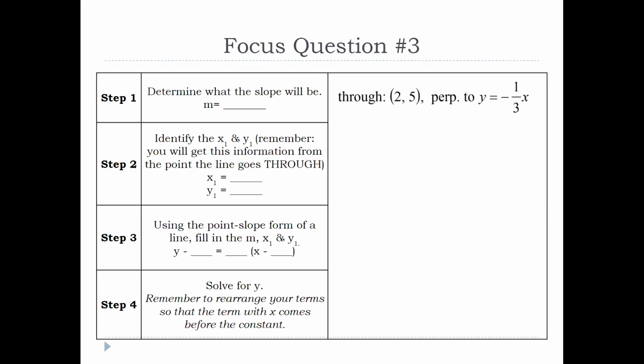Because if it's negative, it's going to become positive when you flip it over to the reciprocal. If it's positive, then it's going to become negative. It's always going to be the opposite sign for perpendicular. So our reciprocal slope would be 3, and the opposite sign for this one would be positive. So then we would start using 3 for m and go through the rest of that calculation.